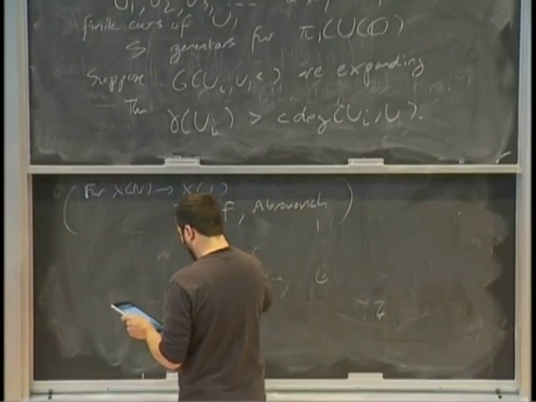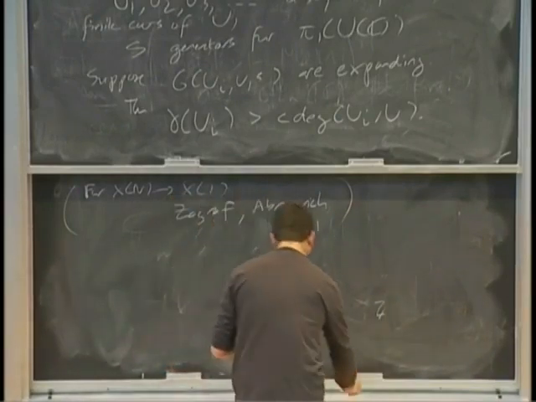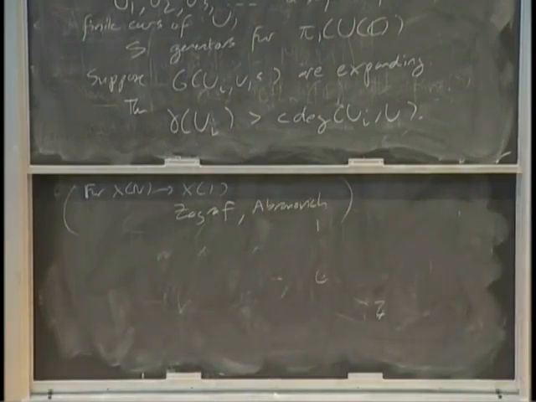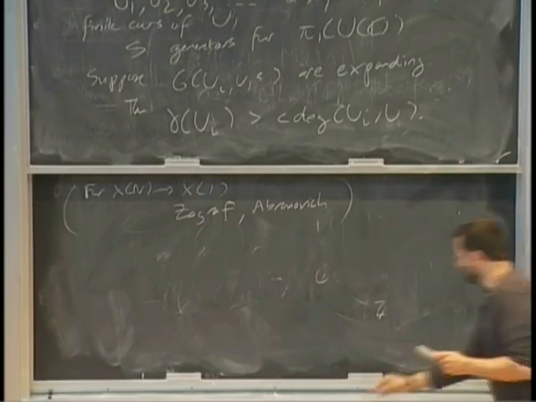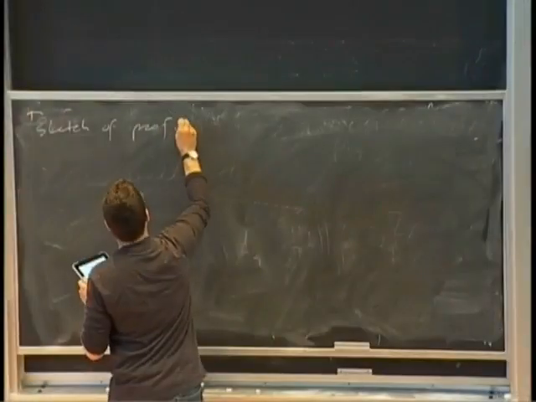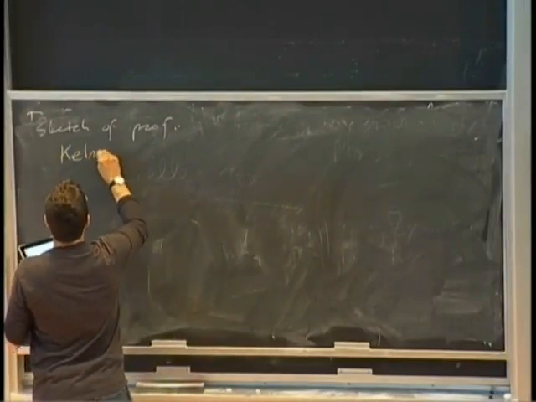Okay, so let me say something about how this works. Sketch of proof. So first of all, you use a result of Kellner to tell you that the genus grows.